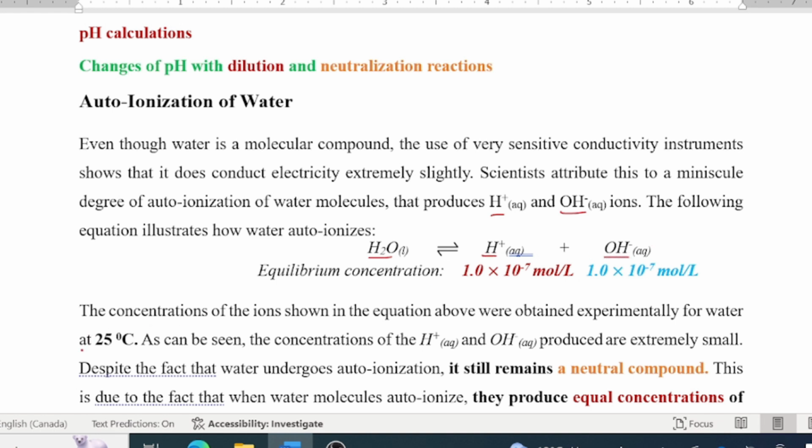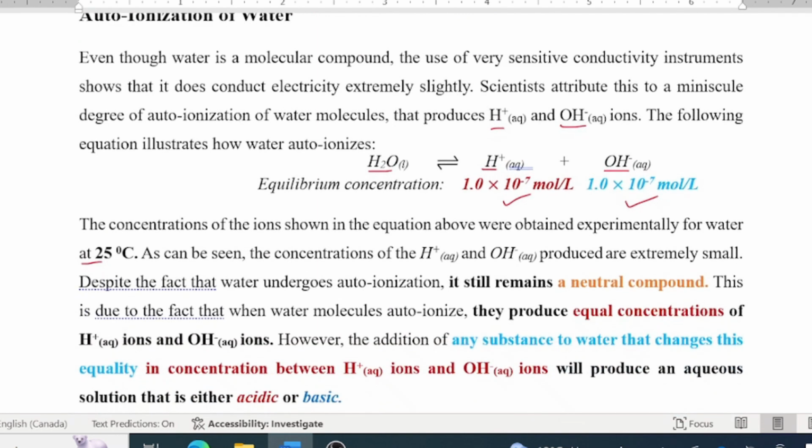At 25 degrees Celsius, the concentrations of hydrogen and OH ions are found to be these values. Notice how the concentration of hydrogen ions is equal to the concentration of OH ions. Because of that, water remains neutral, because every time a molecule of water ionizes, it gives an equal amount of H plus and OH negative.